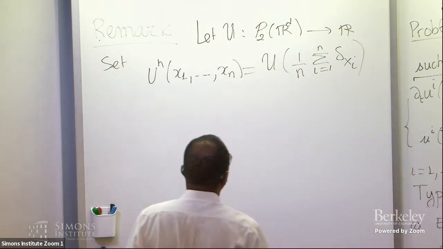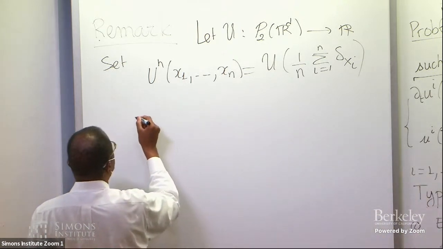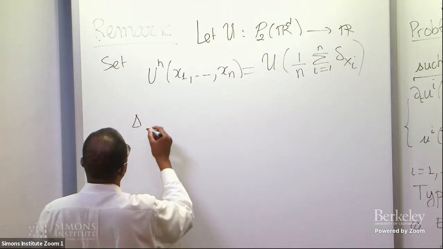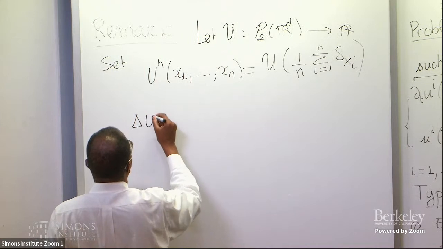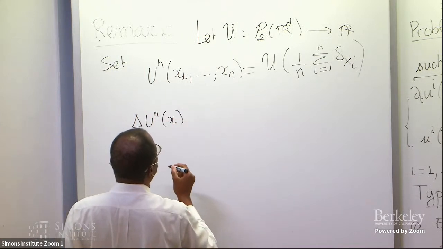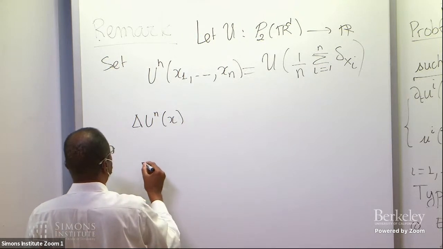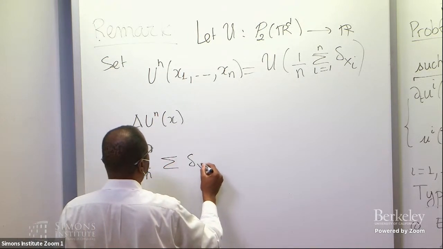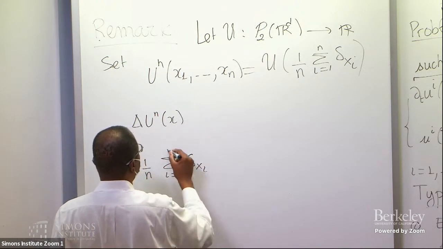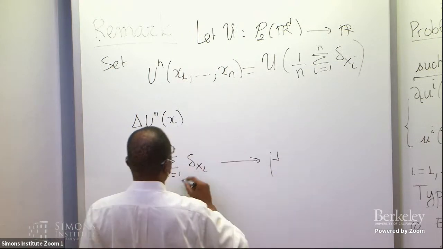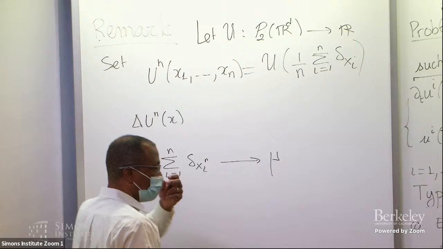So if you look at the Laplacian of U_n of x, and you assume that 1 over n sum of delta_{x_i} from 1 to n converges to mu, and so I am going to put an n here.